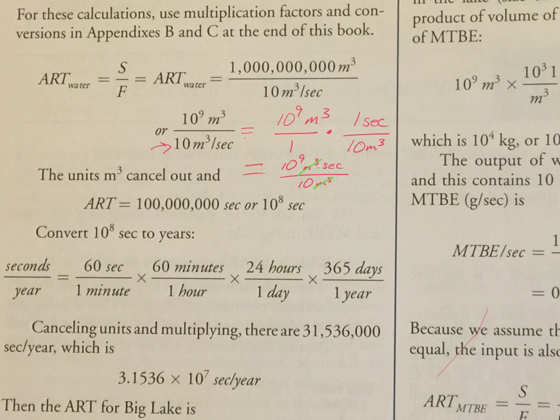And what are we left with? We're left with 10 to the 9th seconds divided by 10, which is equal to 10 to the 8th seconds. And that is what you see here, because that's how they got that calculation.